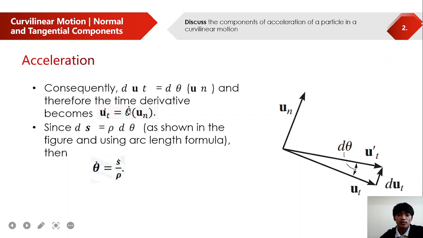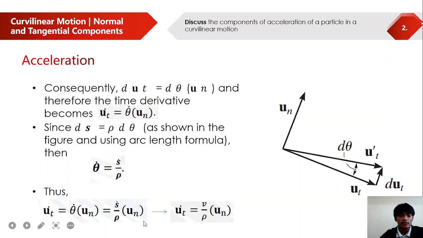Okay, so we can now substitute the value of this one to this one. So therefore, u sub t dot now will be equal to theta dot times u sub n. Now, since the value of our first time derivative of theta will be equal to s dot over rho times u sub n.